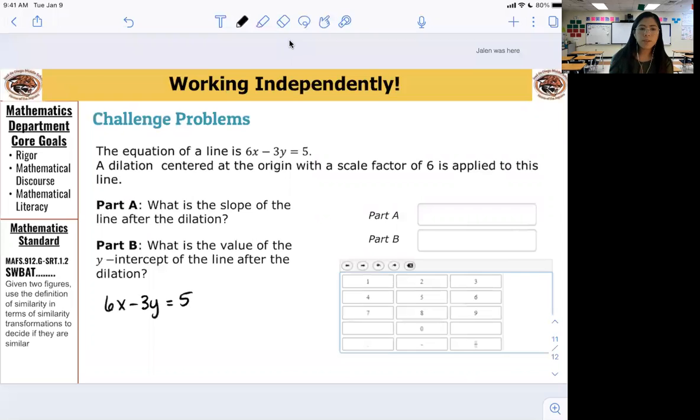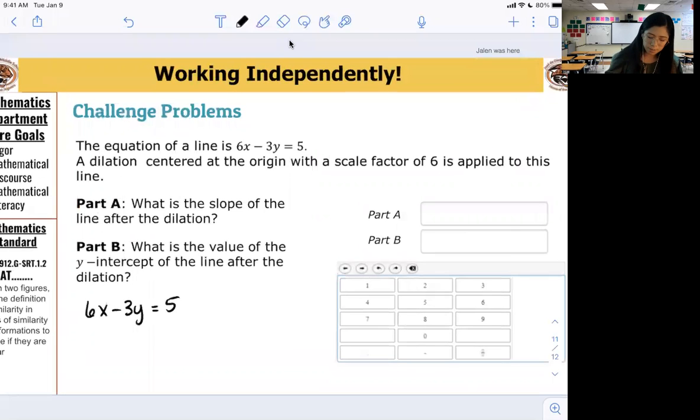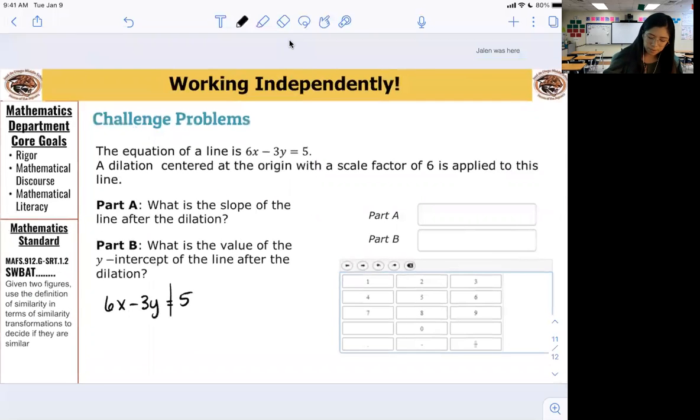Okay. So if I go ahead and turn it into slope-intercept form, what do I do to both sides? We're trying to get y by itself. Okay. Then you would have to subtract 6x, then divide by -3.